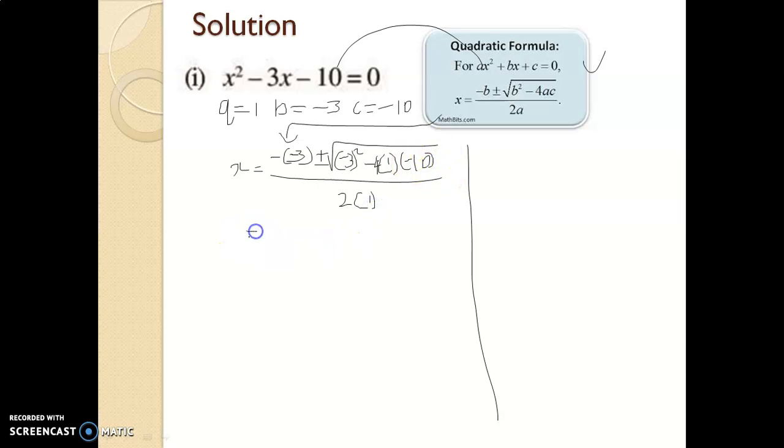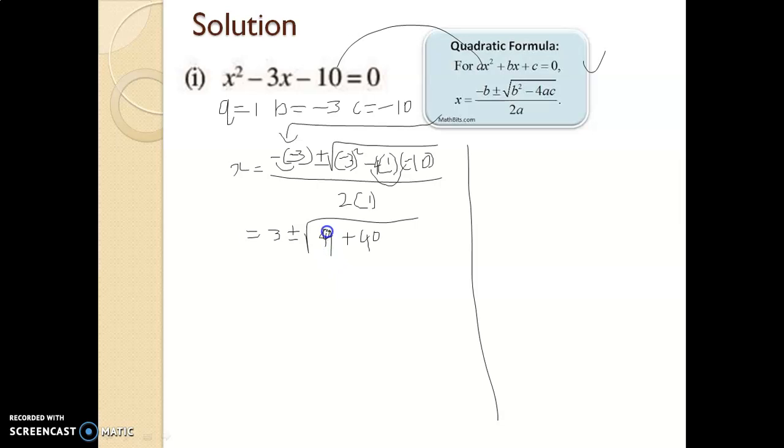Okay, so equal to, simplify this. Now minus into minus is plus, so plus 3 plus or minus square root of 3 square, 4 minus... minus 3 into minus 10 will become plus, and here minus into minus is plus, so 4 into 1 is 4, 4 into 10 is 40. Right? Sorry, here 3 square is 9 only, I wrote it wrongly as 4.